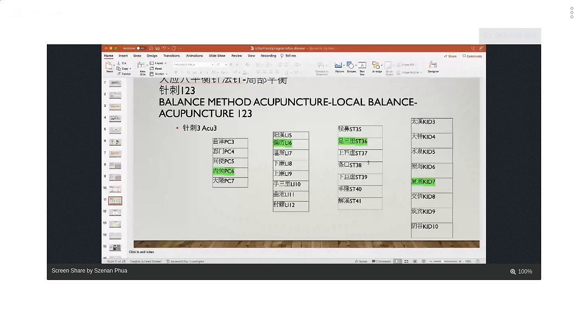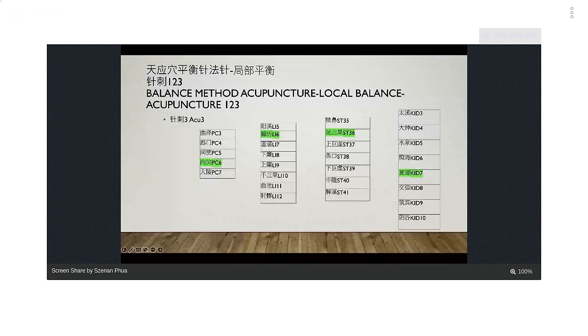The reason I do this is because I'm going to show you the global balance strategy. For those 3 sick meridians, you can simply choose PC6 and large intestine 6, and that is good to reduce the sensation immediately.